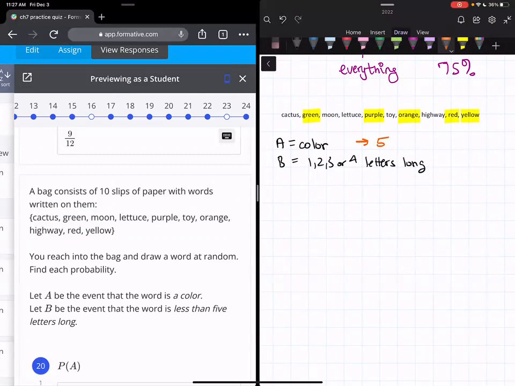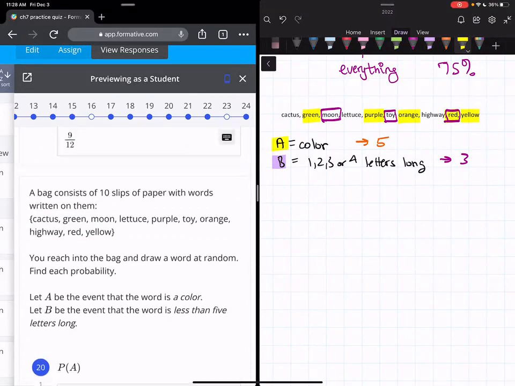Which ones are less than 5 letters long? And that's it, right? So there's 3 of those. And there are 10 words in total. So it said so. 1, 2, 3, 4, 5, 6, 7, 8, 9, 10.